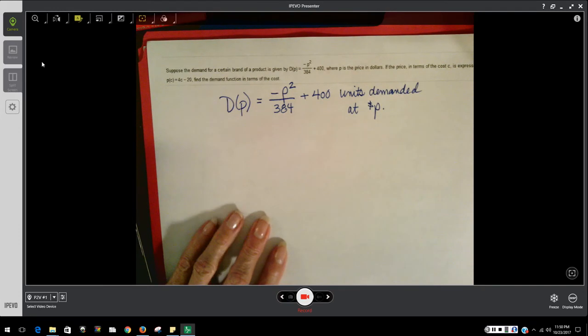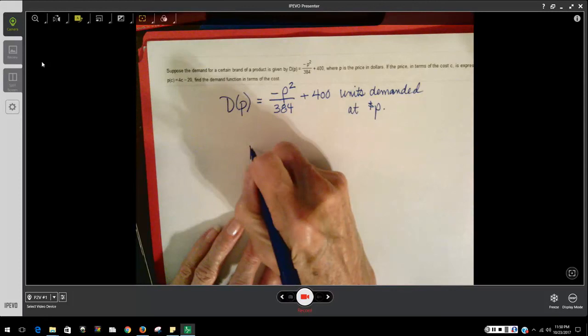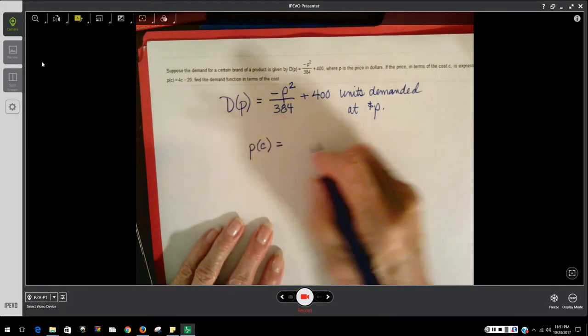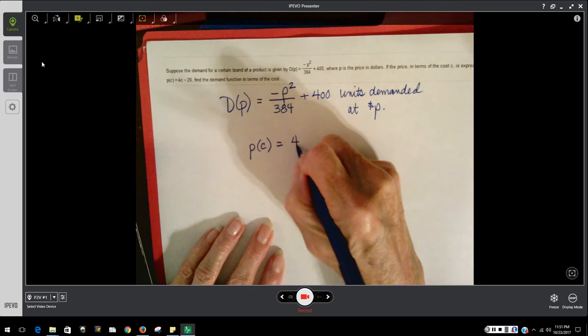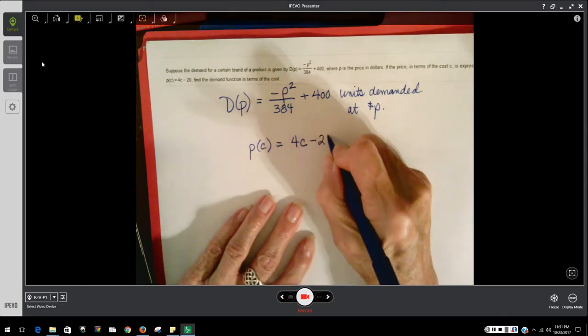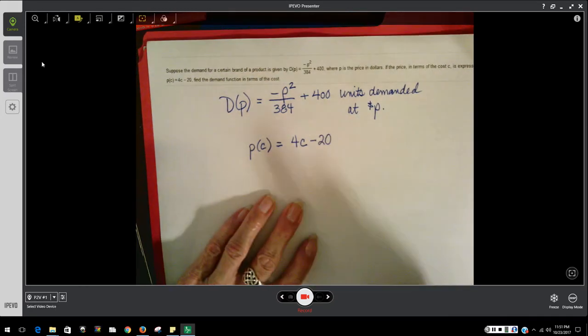And it says the price in terms of the cost is 4 times the cost minus 20. And of course the price is going to be in dollars.